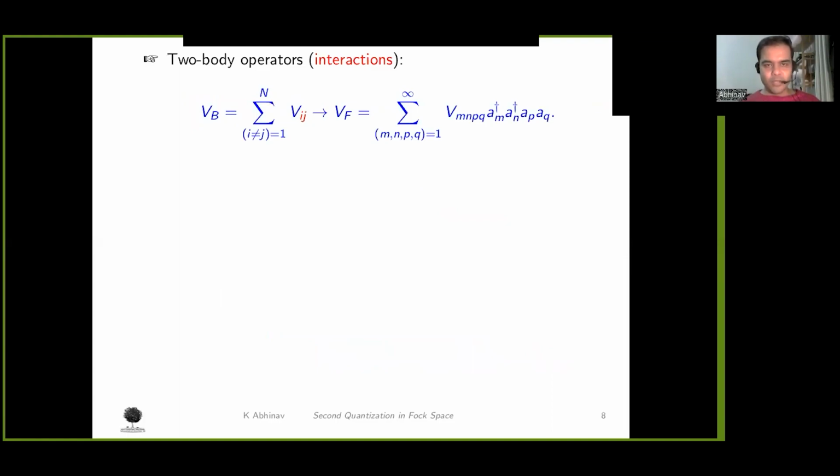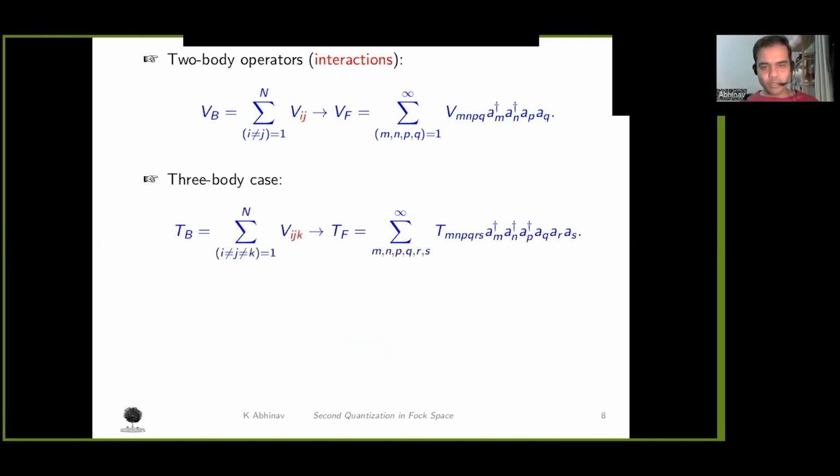In the same way, we can represent interactions, which will have two body operators, and in the Fock space they are represented as a combination of two creation operators and two annihilation operators. Then you can construct three body operators in the bosonic space, which will correspond to three creation operators and three annihilation operators in the Fock space.